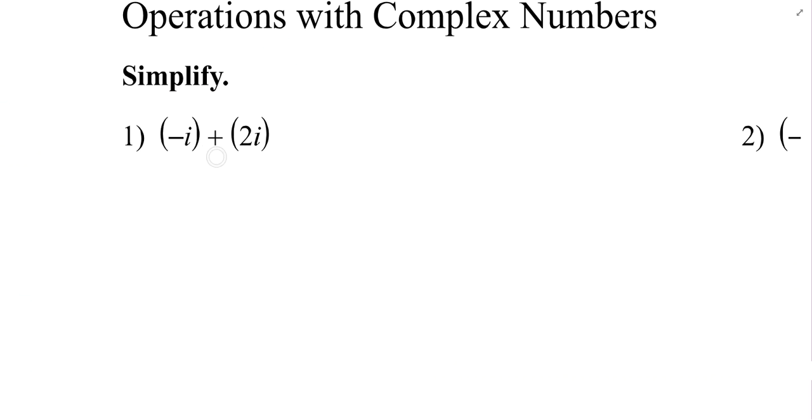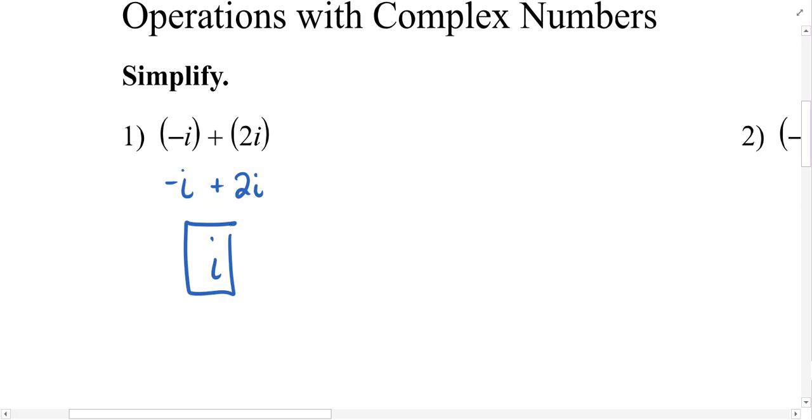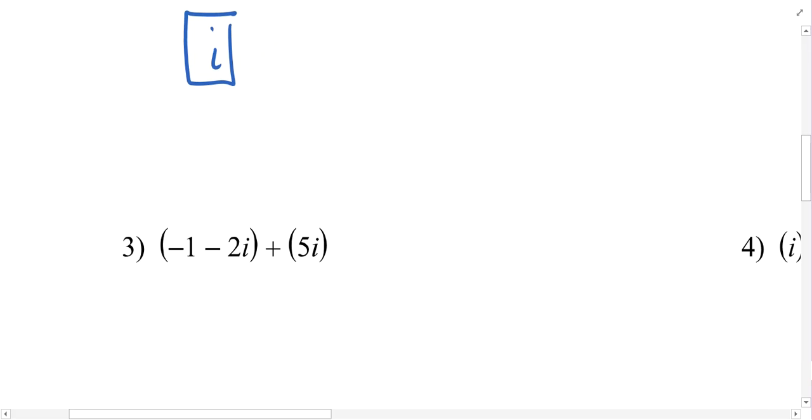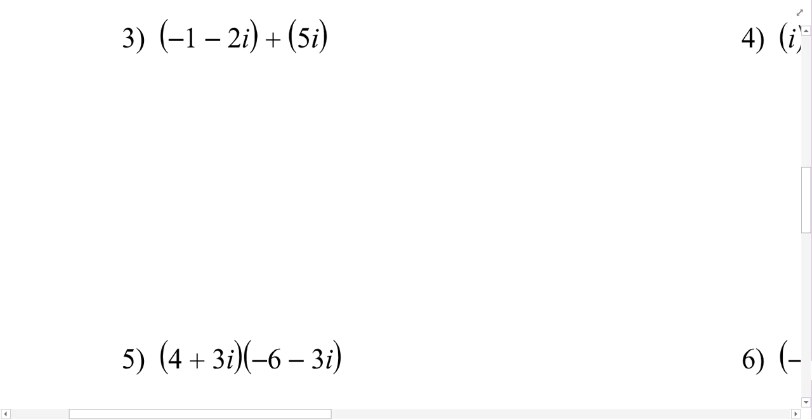With the addition or subtraction of complex numbers, we would clear parentheses first and then combine like terms. So we have -i plus 2i in this case, which simplifies to just the number i. -1i plus 2i is positive i.